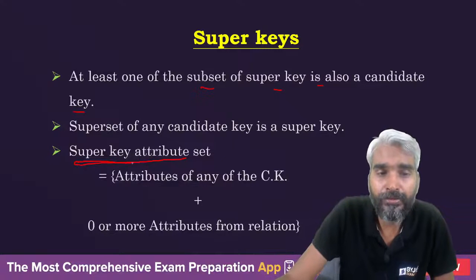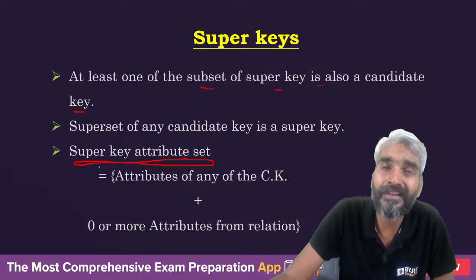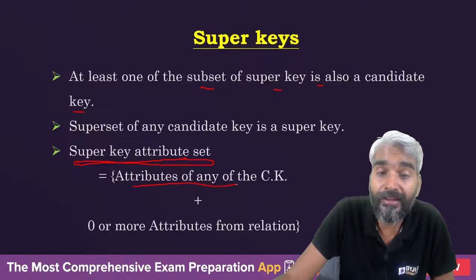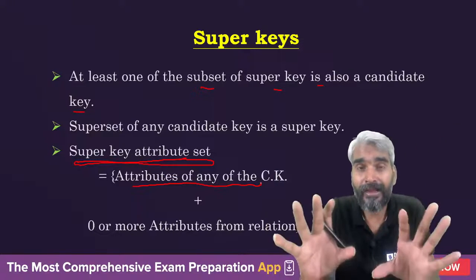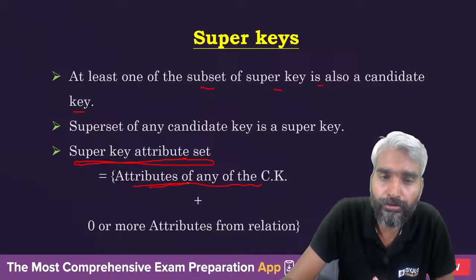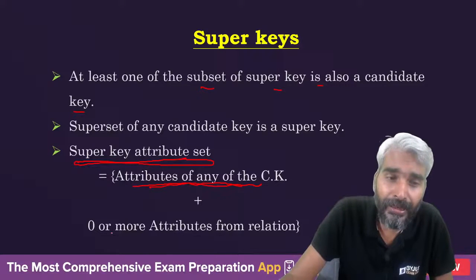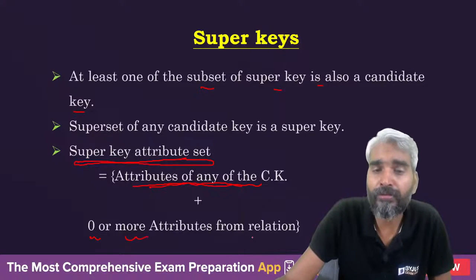The super key attribute set will have the attributes of at least one of the candidate keys, plus 0 or more attributes from the relation.